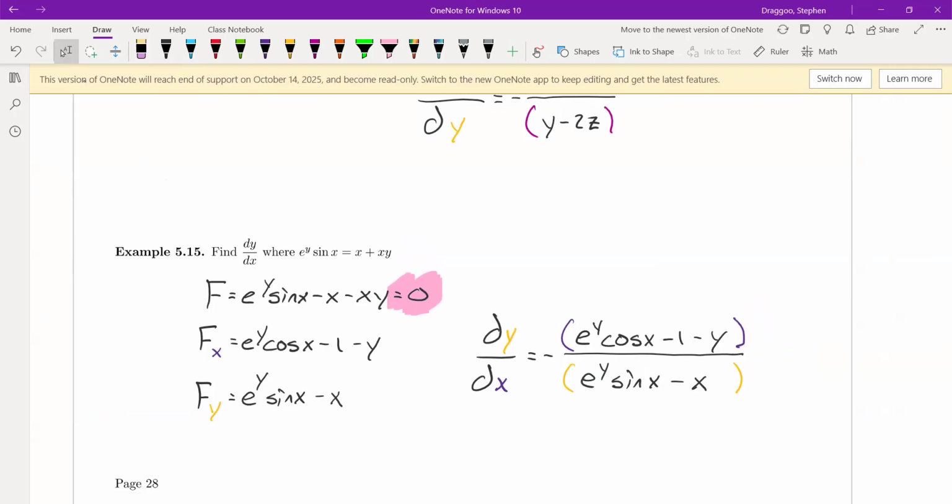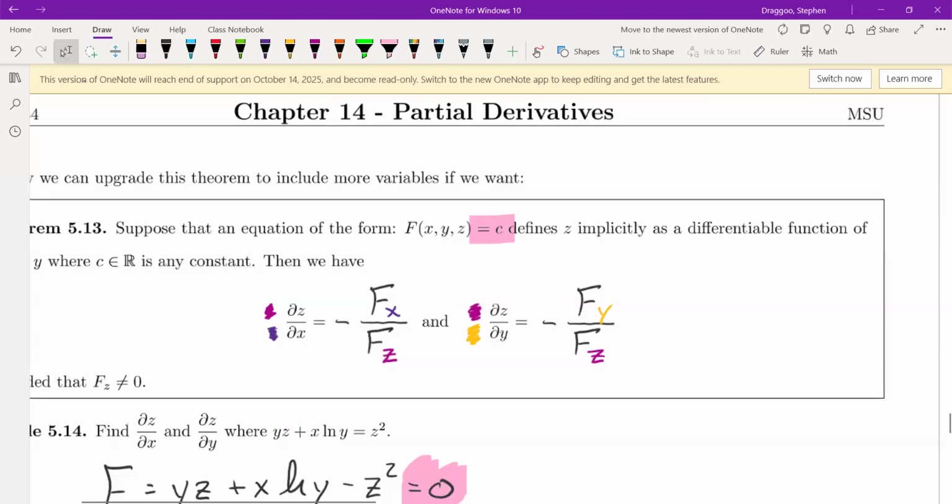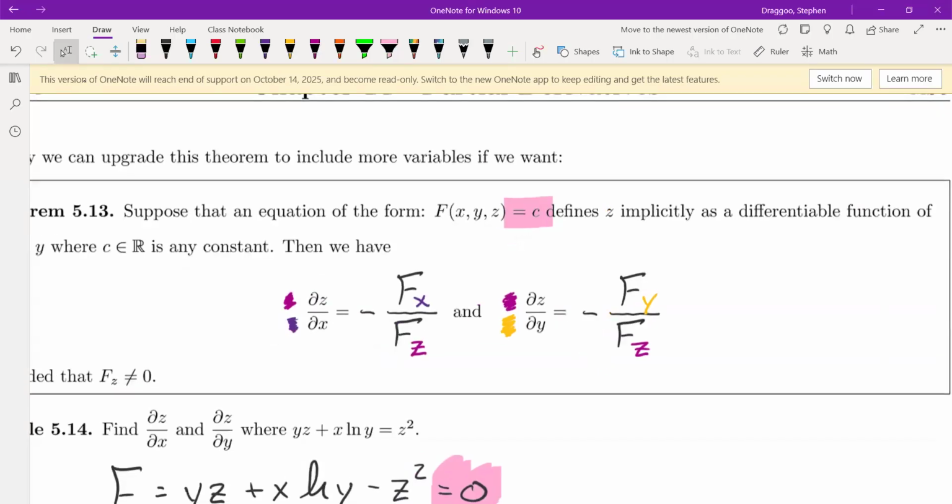So one final thing that I want to say about these implicit derivatives, and tying it back into something that I mentioned on Wednesday when we were looking at tangent planes. At least I think it was Wednesday.